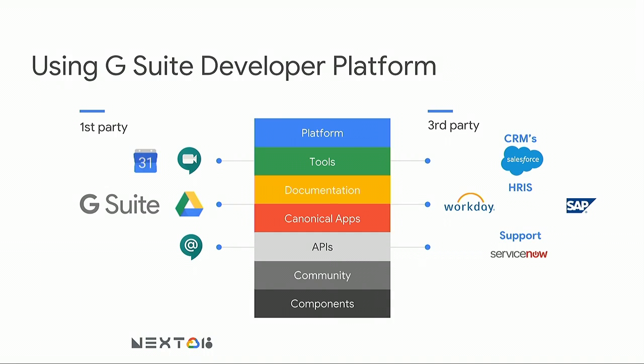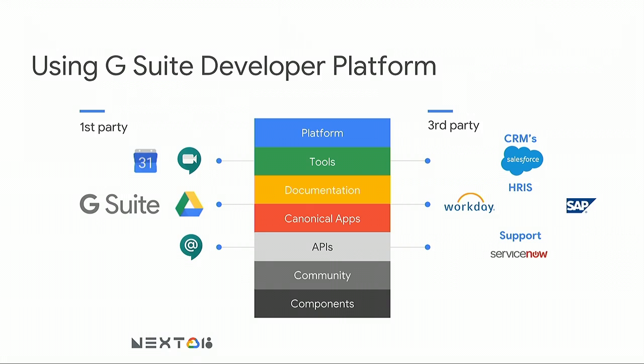I talked about the developer platform. What is this developer platform made up of? Like any other best-of-breed developer platform, we will provide all the things that you expect out of one. We'll provide tools, documentation, canonical apps, and APIs, and we'll help build the community. The different components I'm going to talk about in the following slide.